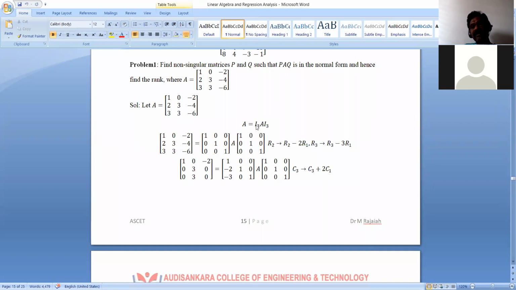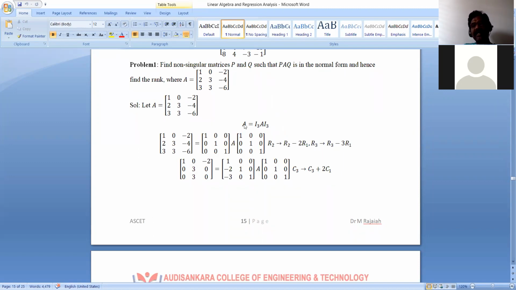Row operations on I3 pre-multiplier, column operations on the post-multiplier, that is this I3 after A. There is no change in I, only operations on A. Here the right hand side A and left hand side A can be reduced into normal form. Up to that we have to perform row and column operations simultaneously. We get I equal to PAQ form.